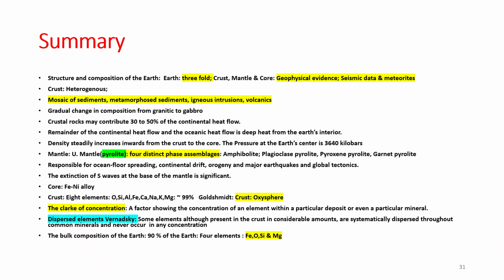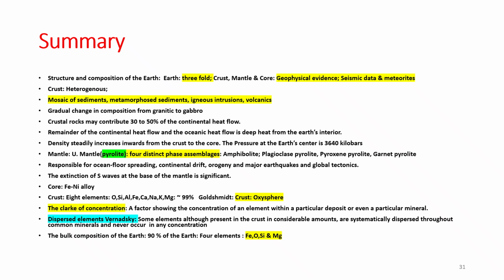A gradual change in composition from granitic to gabbroic can be seen in the crust. The crustal rocks could contribute 30 to 50% of the continental heat flow, and the remainder of the continental heat flow and the oceanic heat flow is deep heat from the earth's interior. Density slowly increases from the crust to the core, and the pressure at the earth's center is about 3640 kilobars.